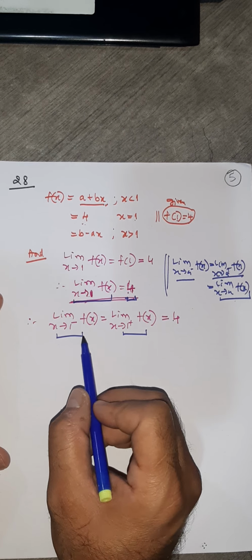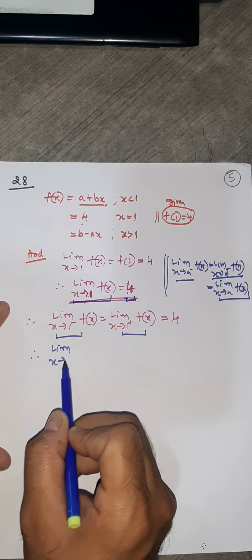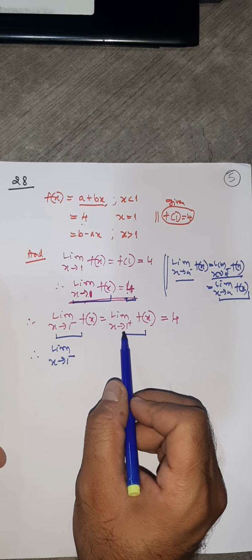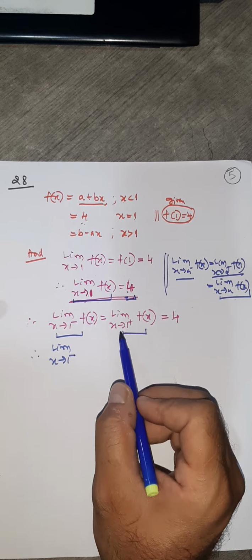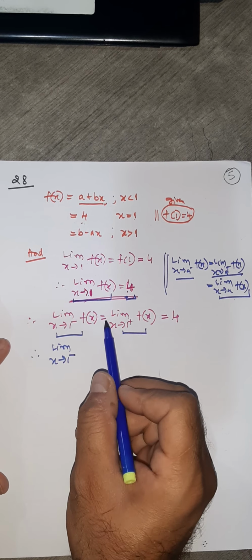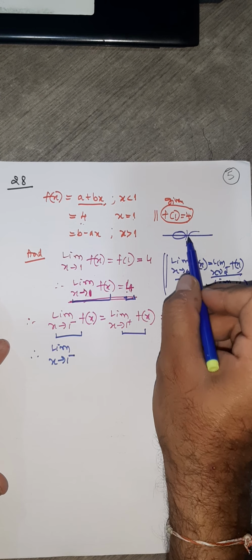Fine. Okay. Now let's do this. x tends to 1 from left. Now ये question होगा कि क्यों सर आपने right left में split किया? Because here you have inequality in the function, and your limit is based on less than 1 and more than 1.